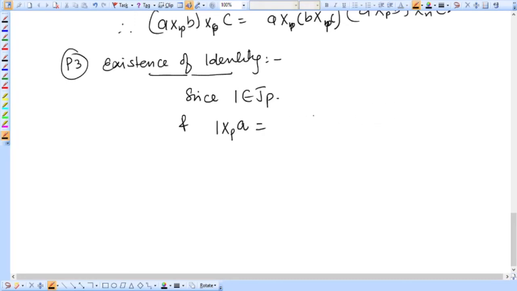See a belongs to Jp. If I multiply a with 1, okay, a multiplication modulo 1 इज इक्वल टू कितना होगा, ये a के इक्वल ही होगा. Why it is equal to a, because a into 1 is equal to a and when a is divided by p we get a as the remainder, because a is smaller than p, because it is the element of Jp, and Jp में वो सारे एलिमेंट आ रहे हैं जो p से छोटे हैं, right.